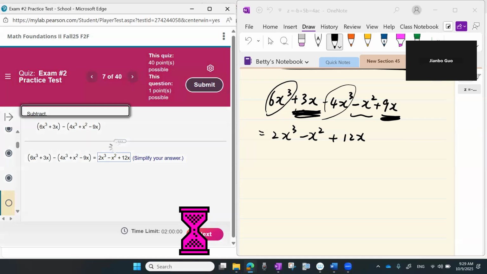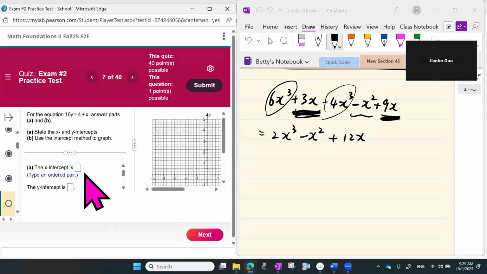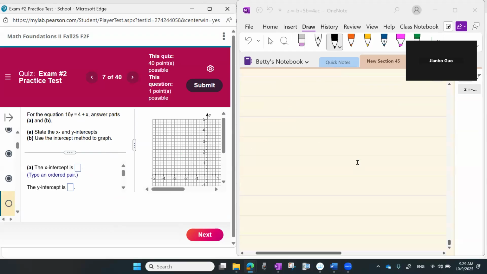Next, question number 7. For the equation 16y equals 4 plus x, answer parts A and B. Part A, state the x and y intercepts. The equation is 16y equals, let me write it down, 16y equals 4 plus x.